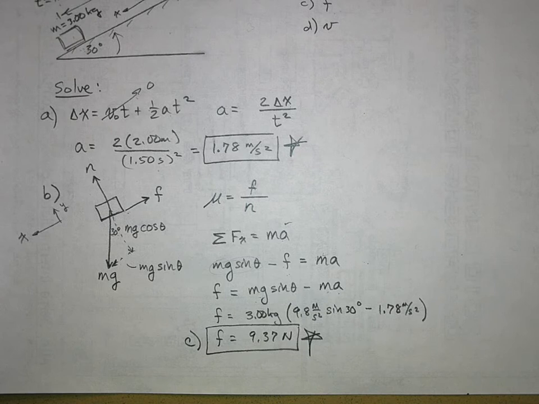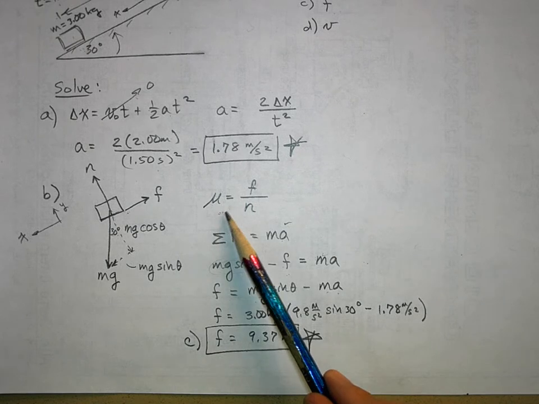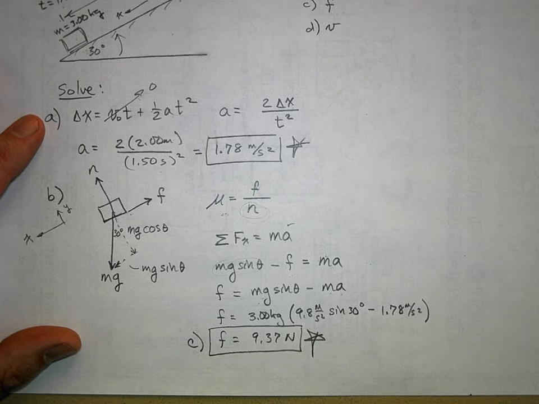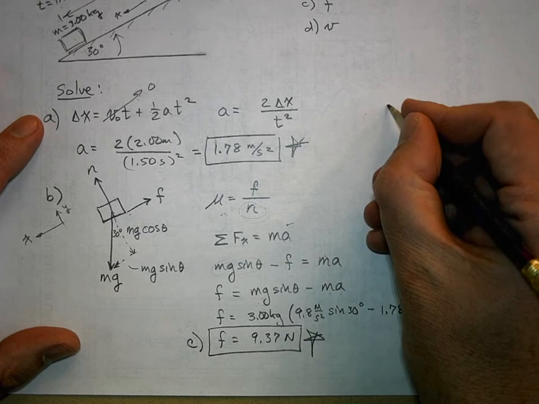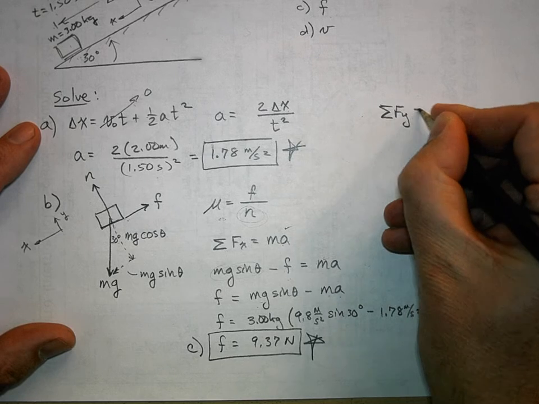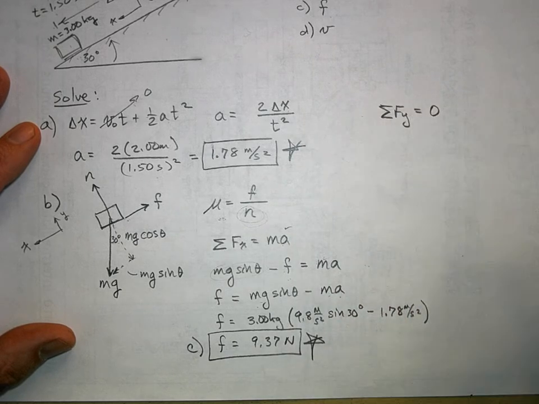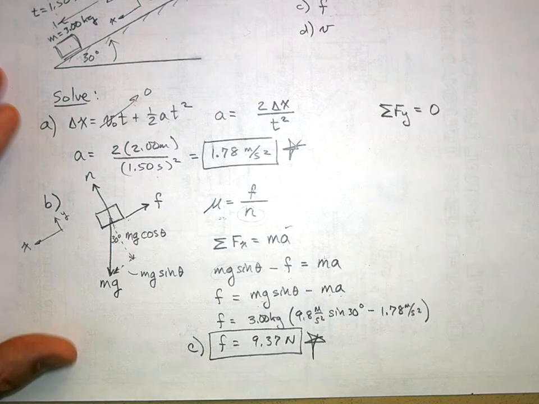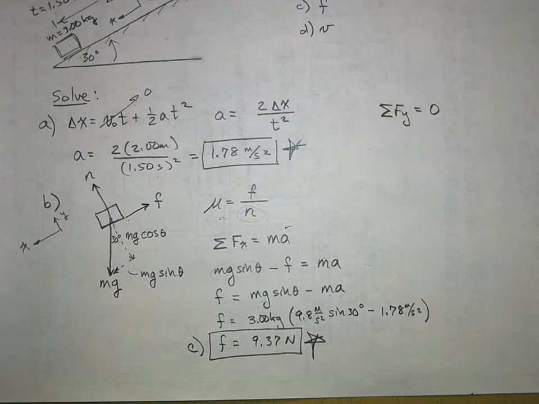But I really want to get that coefficient of friction over here, so I have to figure out what the normal force is to do that. So let's sum the forces in the y direction. That's going to be equal to 0 because this crate is not accelerating in this direction at all, and that's always going to be true for inclined plane problems.